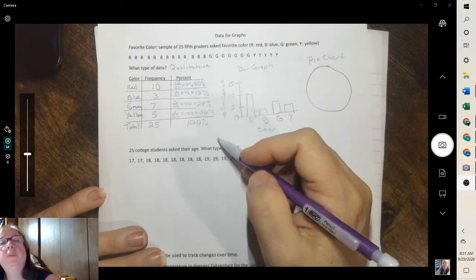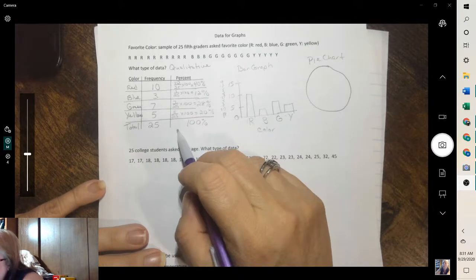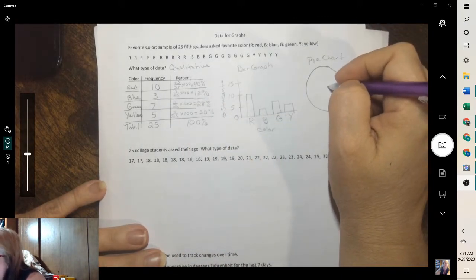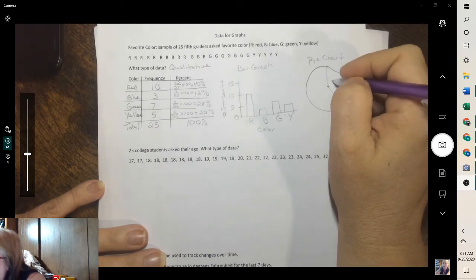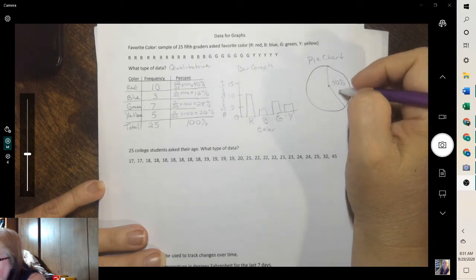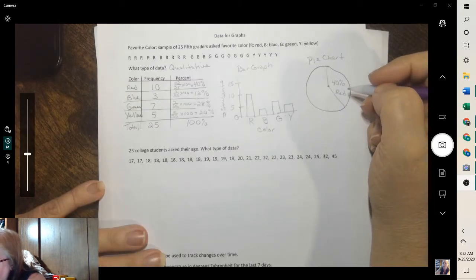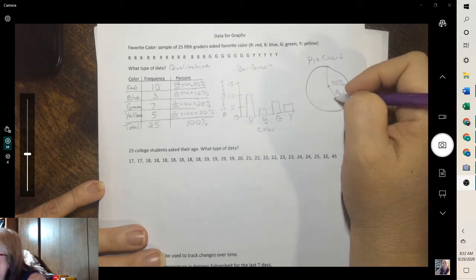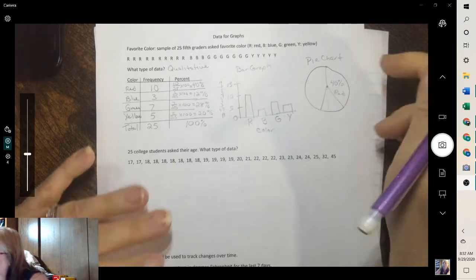For pie charts, you use the percents. 40% is almost half. 40% was red. 12 would almost make it, like 40 and 12 is 52, so it's almost here, right about there.